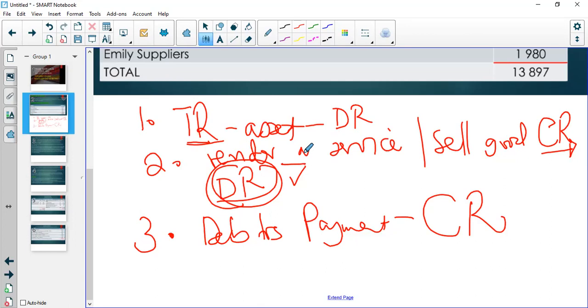If it increases what people owe us, we make an entry on the debit side. If it decreases what people owe us, we make a credit entry on the trade receivables control. Those are the important principles that bind us here: whether it increases or decreases what our customers owe us.